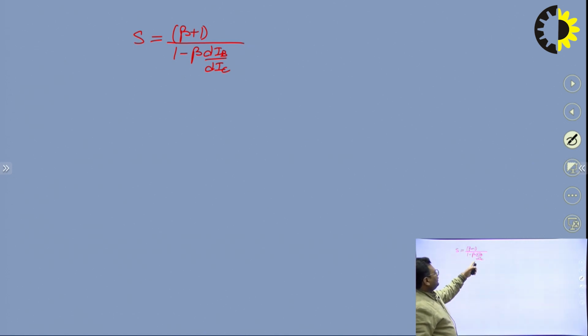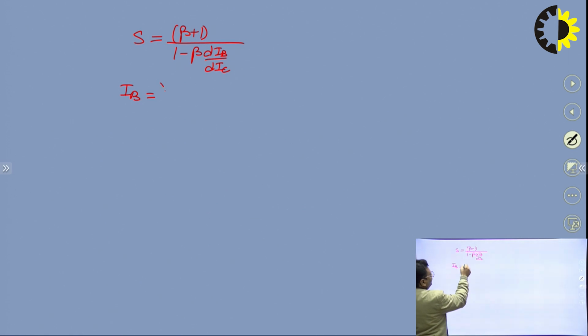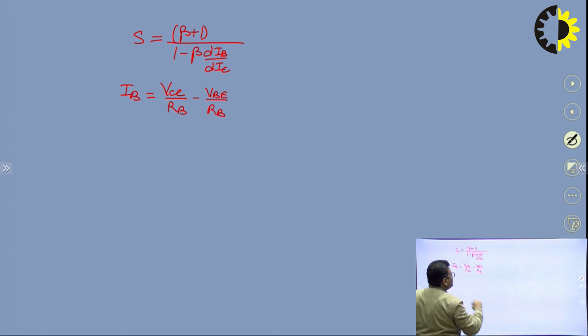So here we have to calculate the value of dIB over dIC. So IB, in this fixed bias we have calculated IB equal to (VCC minus VBE) upon RB, or it can be written as VCC upon RB minus VBE upon RB. So using this equation, if I differentiate this equation with respect to IC, then what I will get?